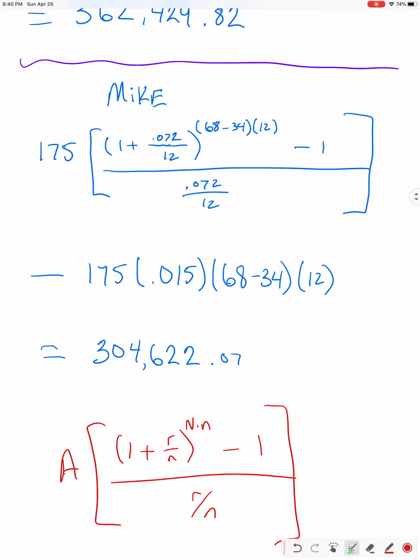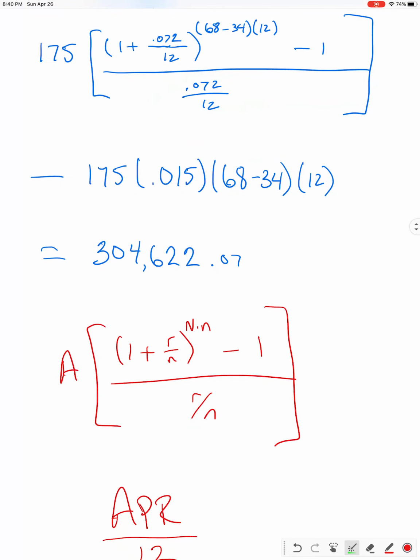Okay, so what is Mike going to do then? Well, this is the $175 a month, and then you have 1 plus r divided by n, so 0.072 divided by 12 months. And then you have 68 minus 34, that's the number of years he's going to do this, times 12, so total months, minus 1 from the formula, and then this r divided by n on the bottom. And then we have to subtract away his fees.